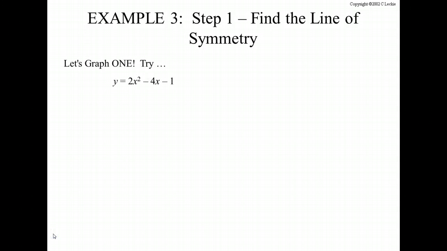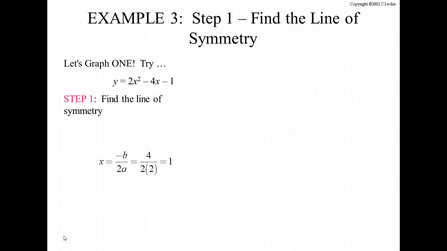So let's try a full example. We want to graph y equals 2x squared minus 4x minus 1. Well, step 1 is to find the line of symmetry. So we're going to use our formula x equals negative b over 2a. Well, in this case, b is negative 4, a is 2.